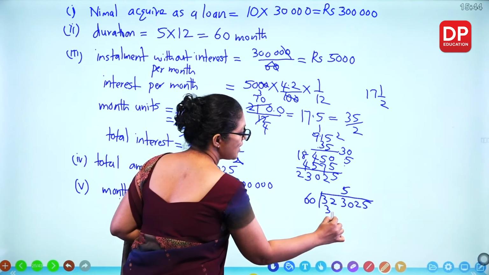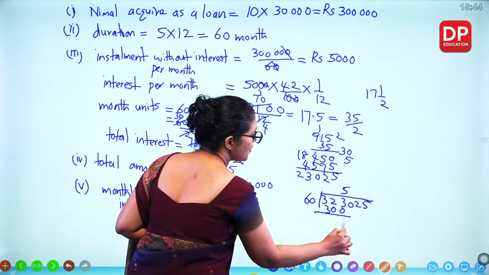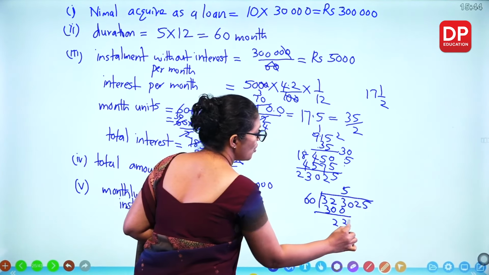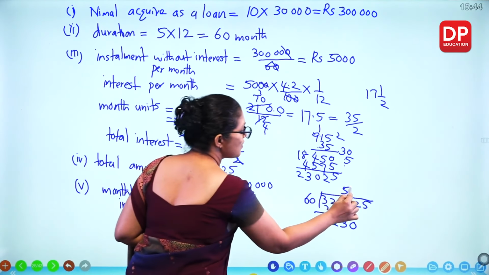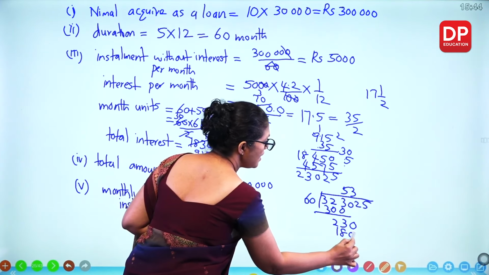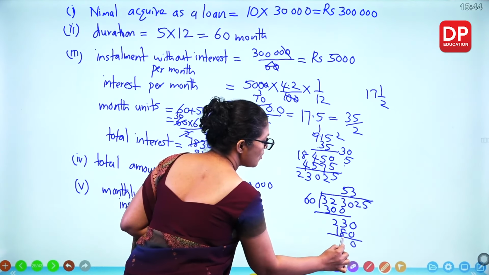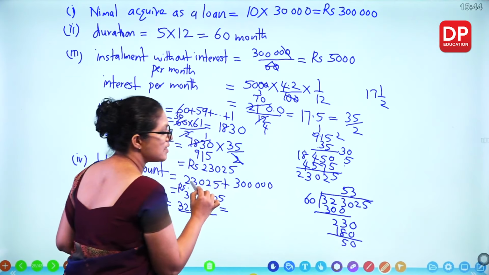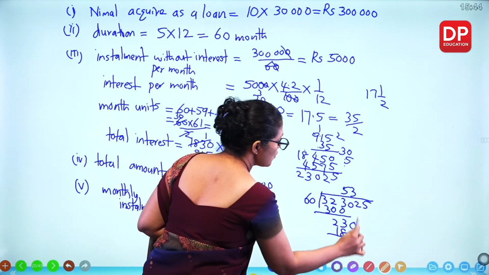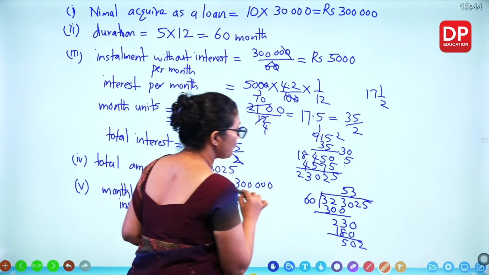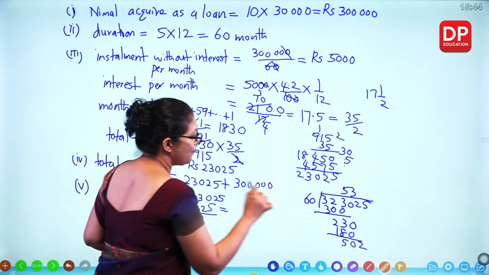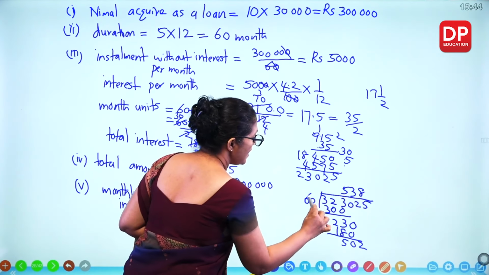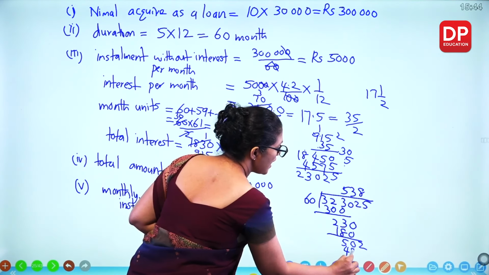5 times 6, 300. So 3 remaining 2. So 230, that's 3. 18, 180, so 8 plus 5, 13. So 50 remaining. 8 times 6, 48.